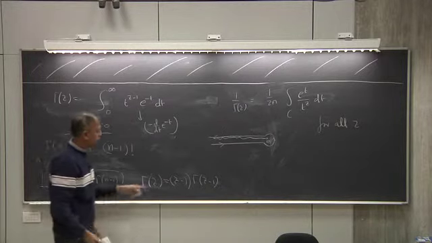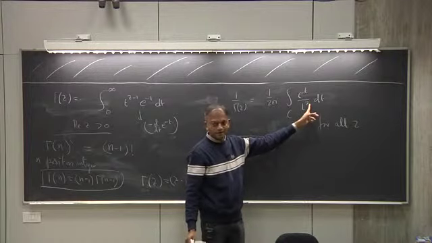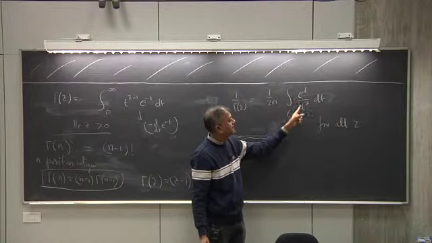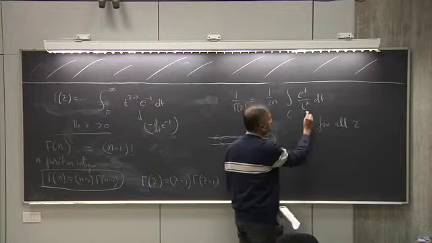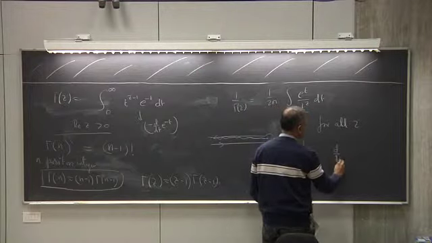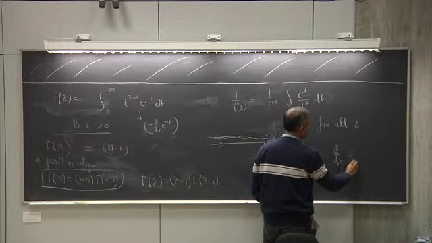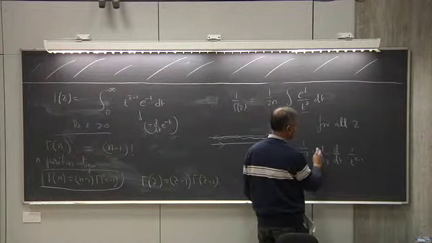Here you want to reduce the power by 1 unit, right? So write this quantity 1 over t to the z as d by dt of 1 over t to the z minus 1 divided by z minus 1 with a minus sign.